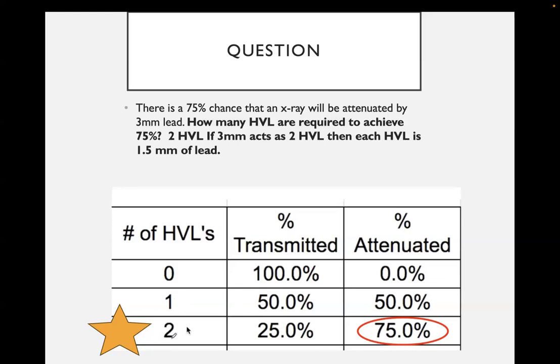So there's 2 half value layers. If 3 millimeters is 2 half value layers, then each half value layer is 1.5 millimeters. Just divide 3 by 2.